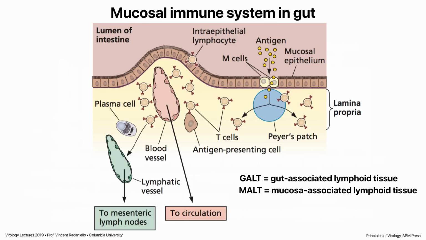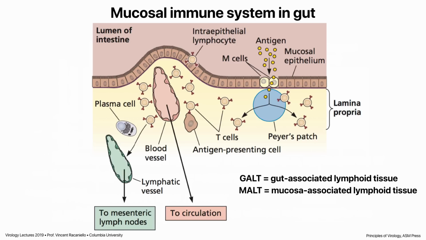We do have resident T cells in this subepithelial space, but of course there are blood vessels and lymph vessels, so that dendritic cells can also reach local lymph nodes to instruct B and T cells there as well. But again, just like the skin, you have T cells present, so you can initially make some T cells, or you can even make antibodies before going to the lymphatic vessel.